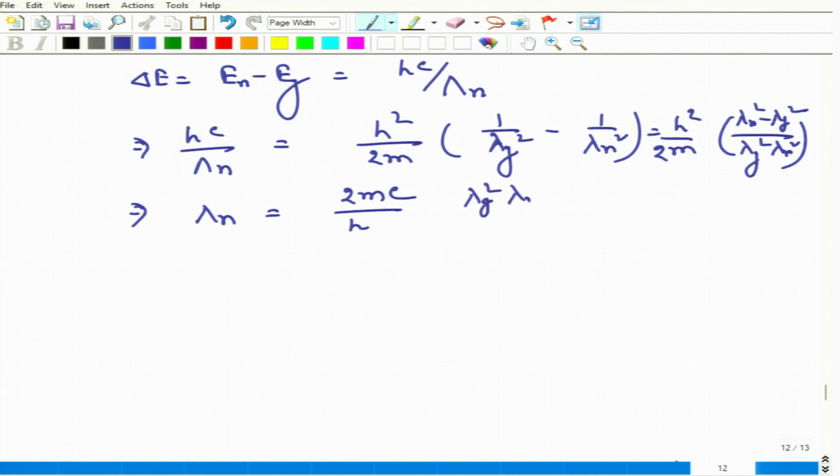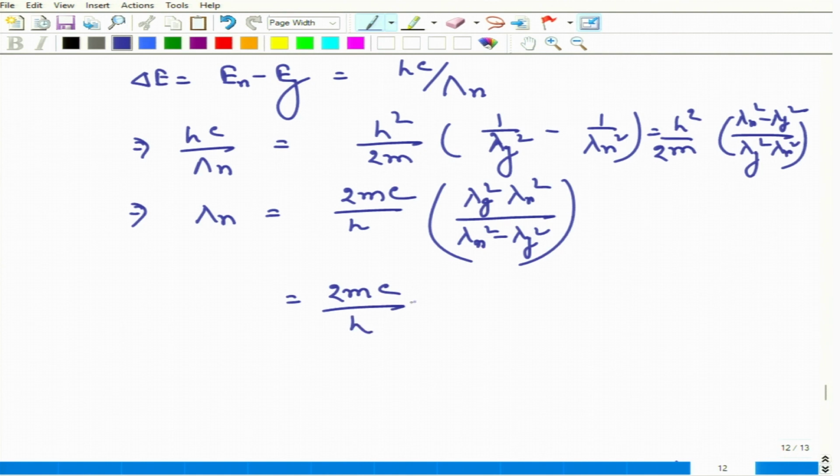So it is lambda g square lambda n square divided by lambda n square minus lambda g square. Yes, this is correct. So now mc divided by h, lambda g square is common, then it will be lambda n square divided by lambda n square minus lambda g square.